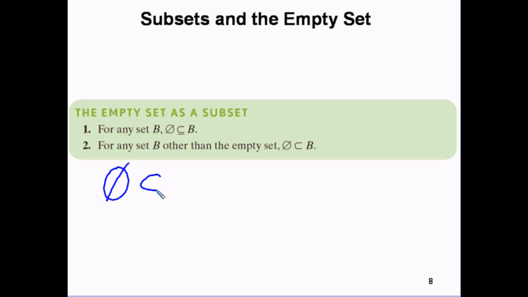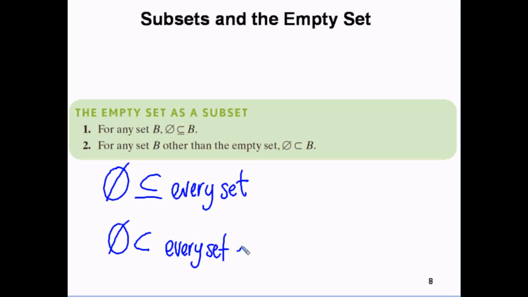The empty set is a subset of every set. The empty set is a proper subset of every set except the empty set. So you would have to say that the empty set is like this.